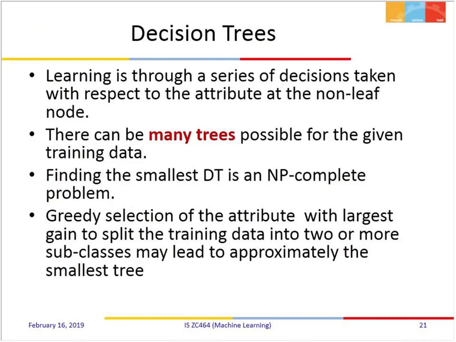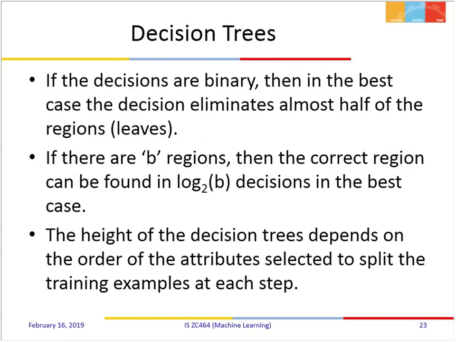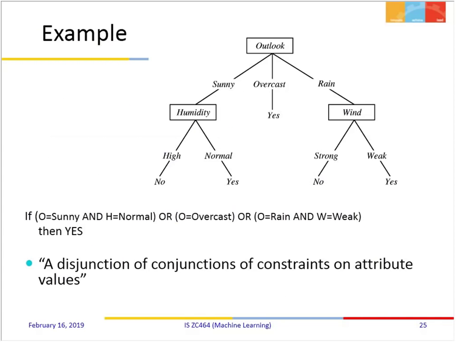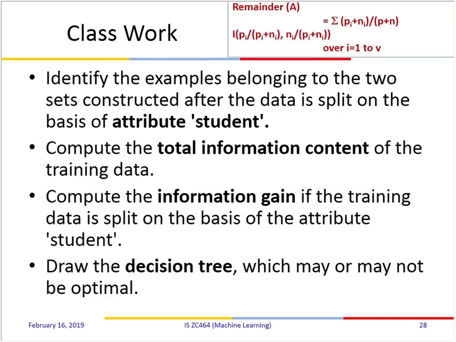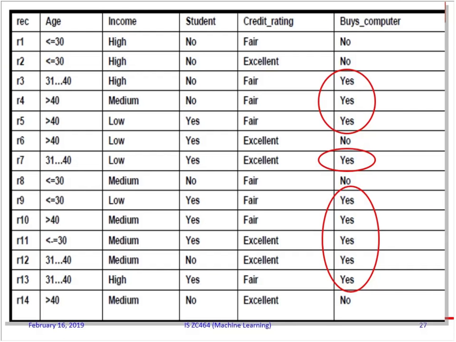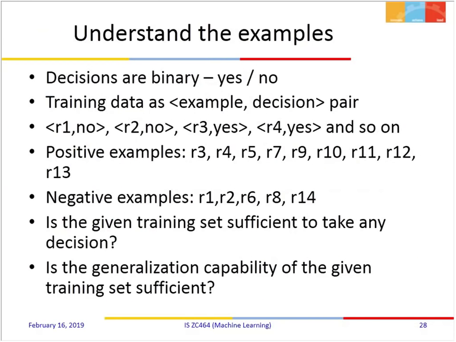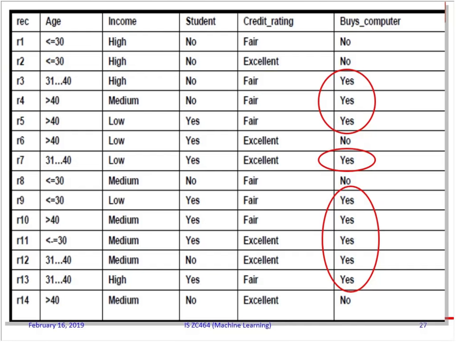I want to show you first an example where you will have much more confidence in calculating these probabilities. So I'm taking this example here. There are these 14 records: age group, income, whether a person is a student or not, credit rating, and then whether the person buys the computer.